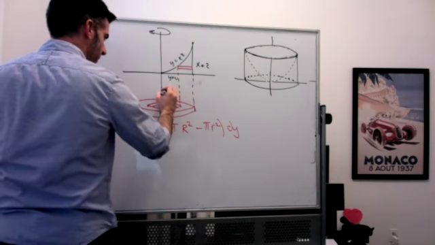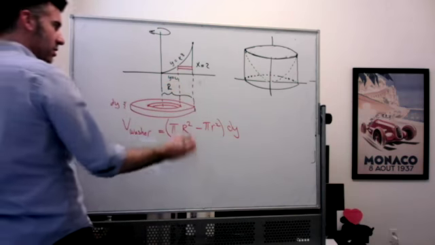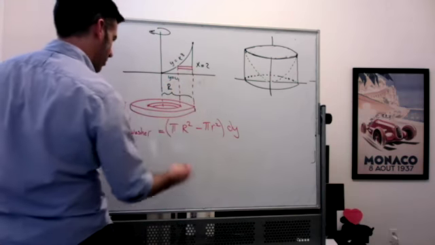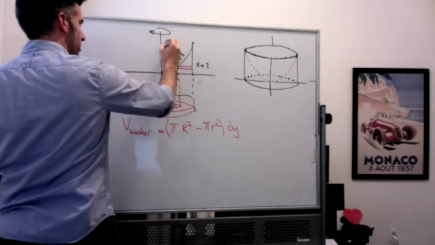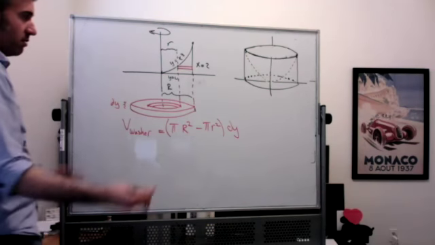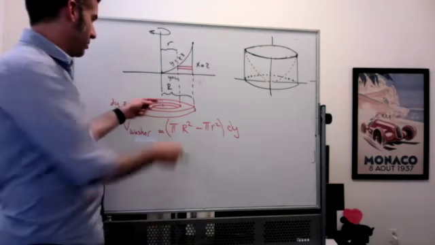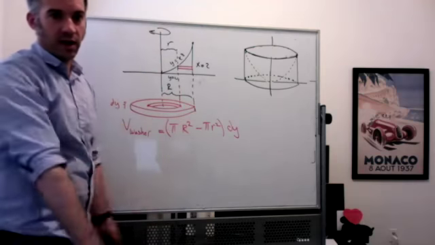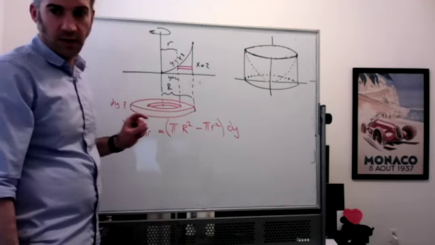This length here is your large radius, and this length here is your small radius. So the big circle has an area of pi times big R squared, and you're subtracting out the little circle that has an area of pi times little r squared. And then you're multiplying it all by the thickness, which is dy.